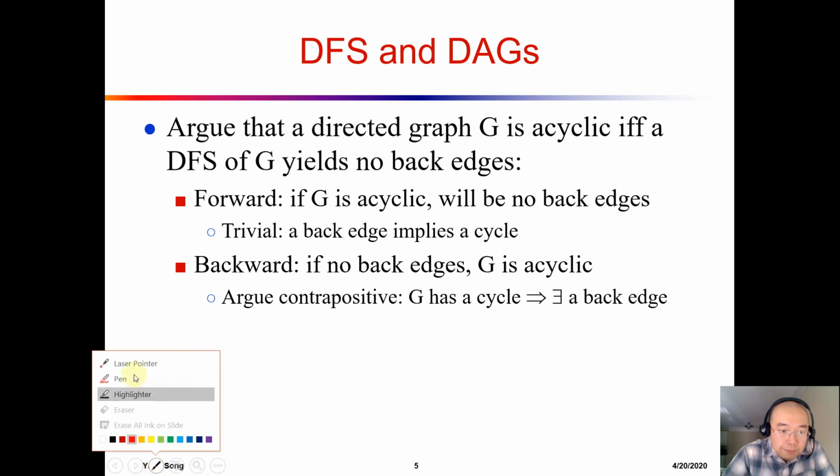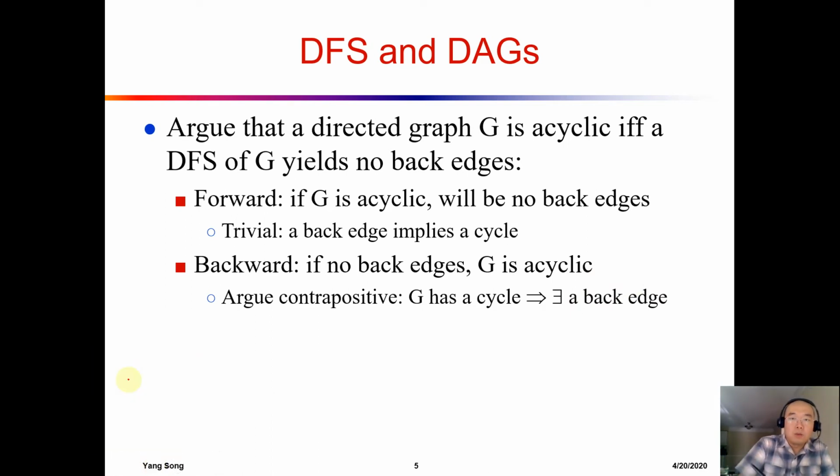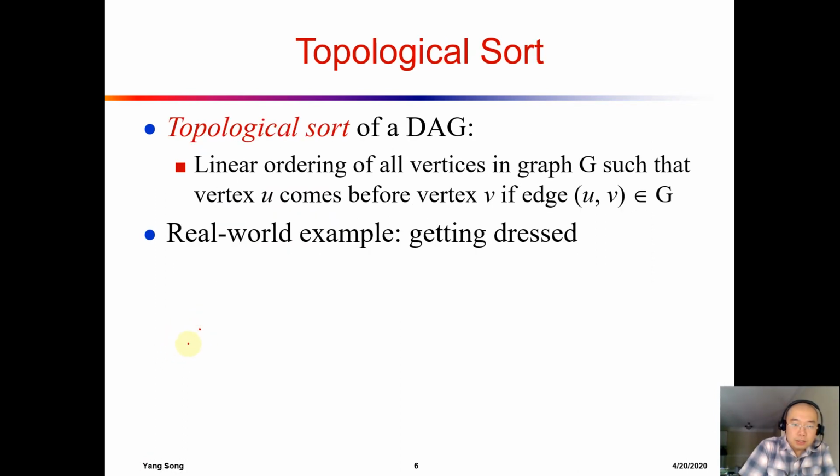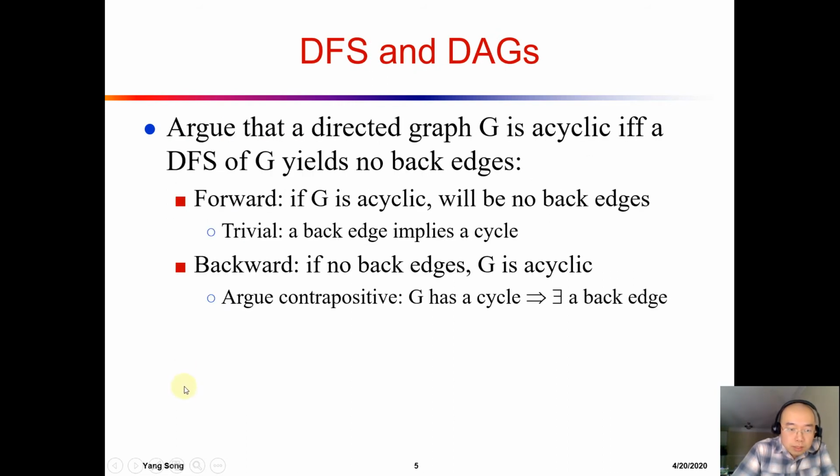And another way that we can argue this is, let me write something down here. So, what we are trying to say is, acyclic G means, in the DFS, no back edge.